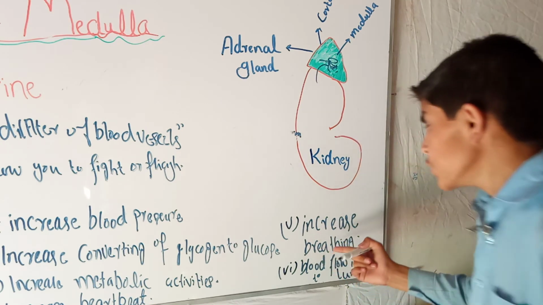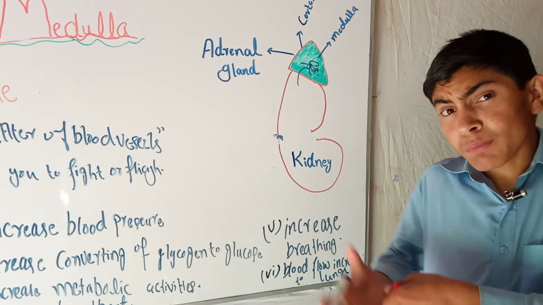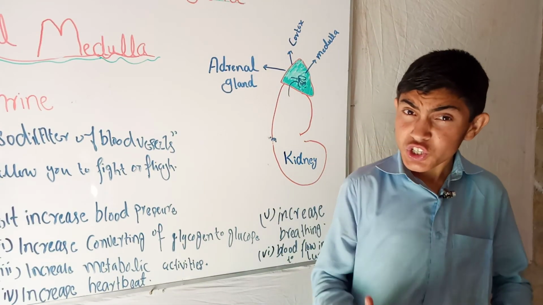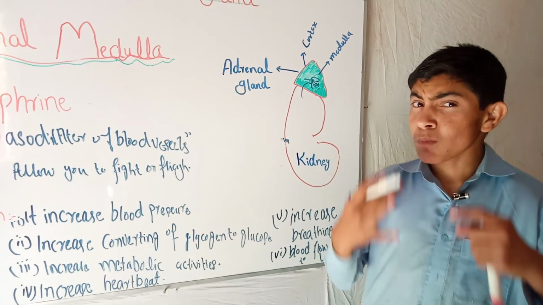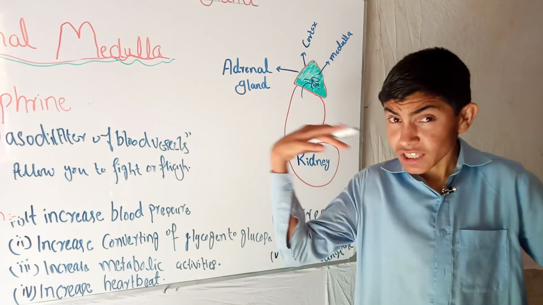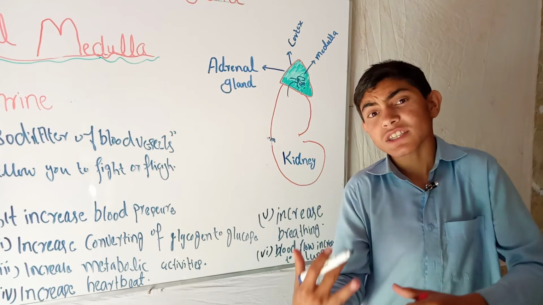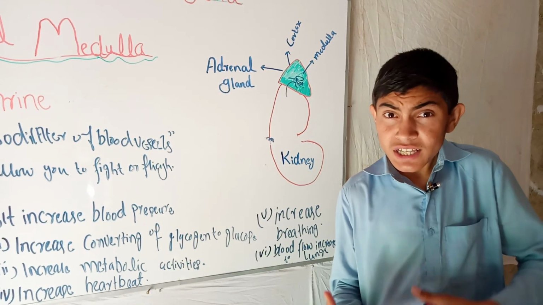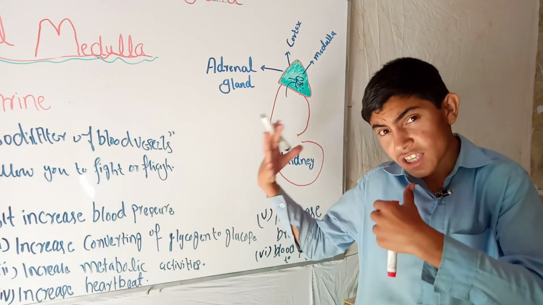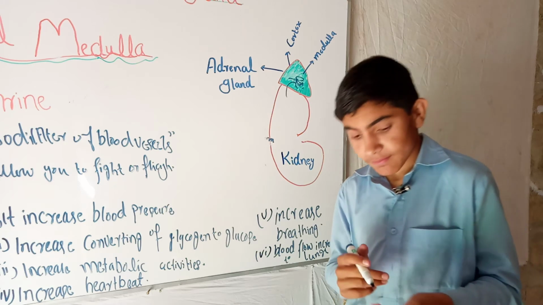So you increase your breathing rate, so there will be more oxygen in your lungs, and there is need of more oxygen in your cells, so more blood will come to your lungs in order to carry this oxygen from your alveoli through the diffusion process to every cell of your body, in order to oxidize the food and give you energy.